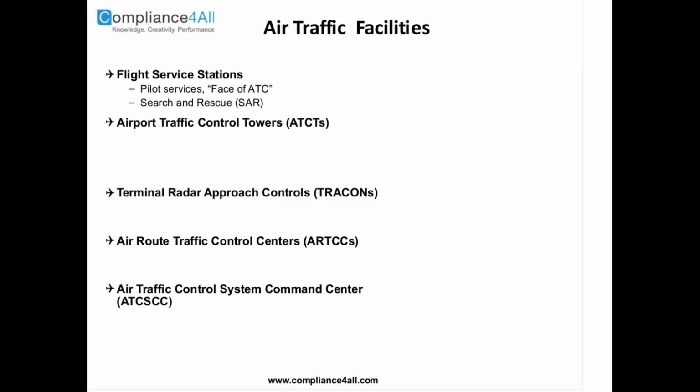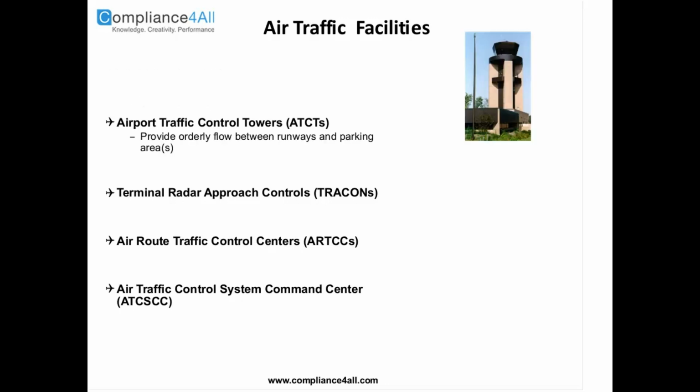It also is still the center of the efforts to do search and rescue if that's ever required. But it is not a control facility. It's an information service, with many, many services. In fact, it does more for pilots than ATC does, but it does not control the airplanes. So we can just eliminate that one as being part of the 4, which leaves these 4.